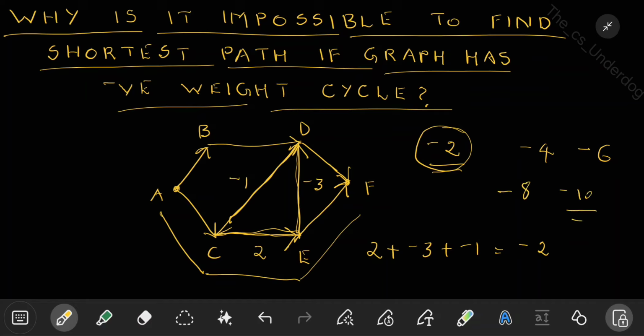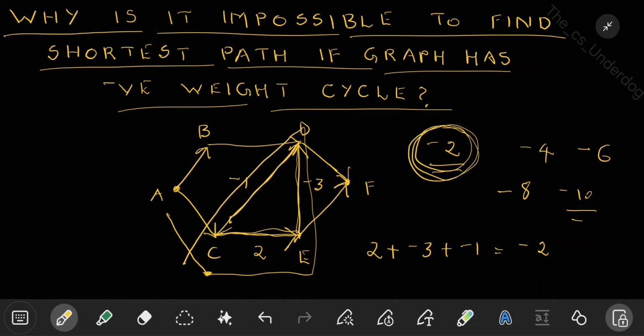So, the number of times you take this cycle, your total weight will keep decreasing. Even if you don't have to take this cycle, let us say you have to go from A to F, you can actually go like this. But if you want to find the shortest path, after you reach C, let us say from A you reach C, then you will once take this cycle unnecessarily so that your total path length will decrease by 2.